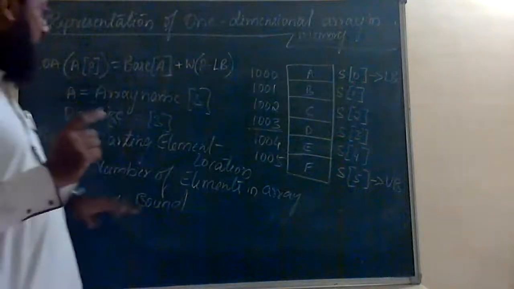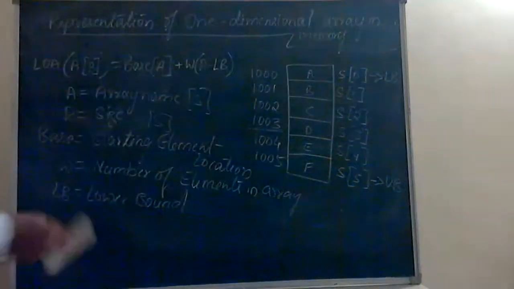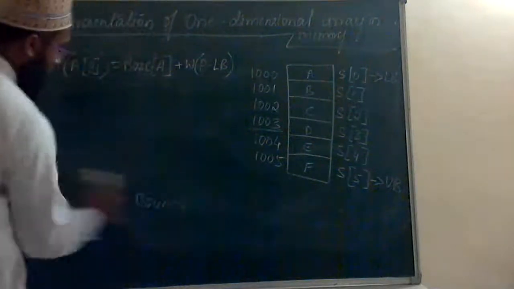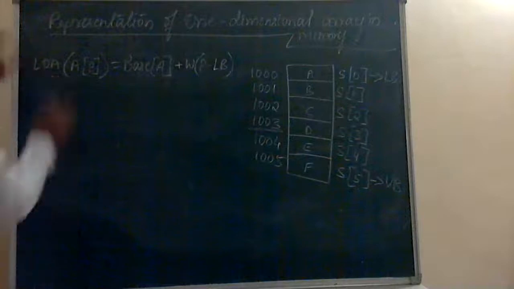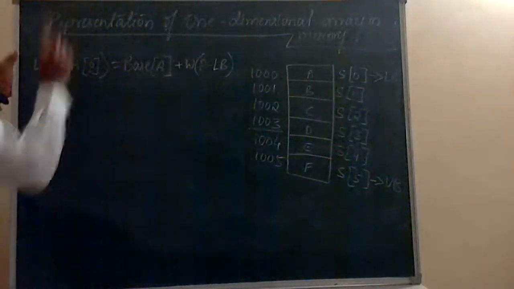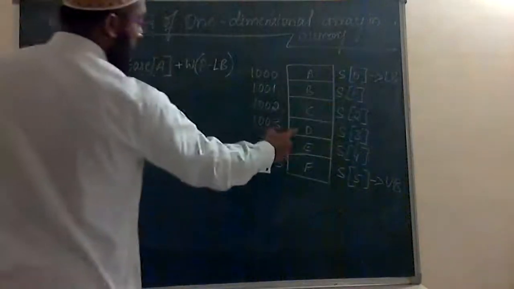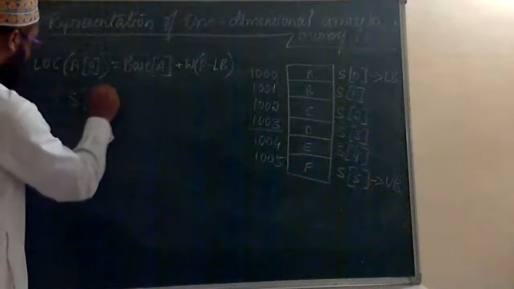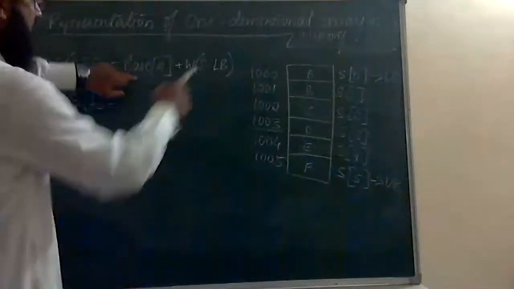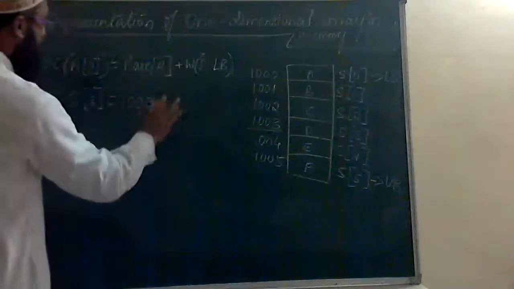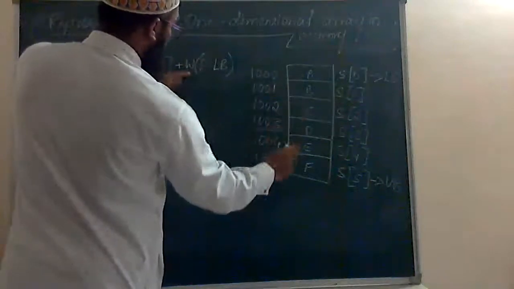Now applying all these things in this formula, we will try to calculate. This is LOC of A of P. We are calculating for D, that means S of 3, which is equal to base A, 1000, plus W, the number of elements, 1, 2, 3, 4, 5, 6.